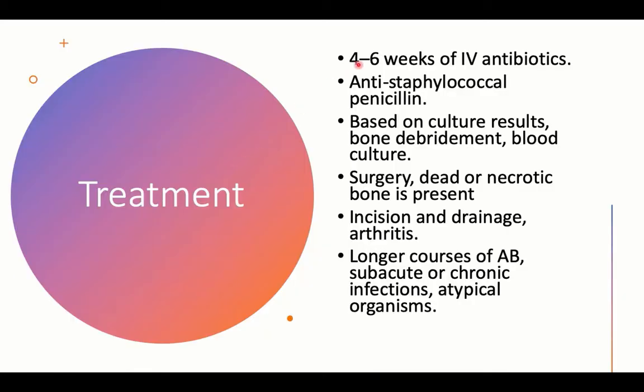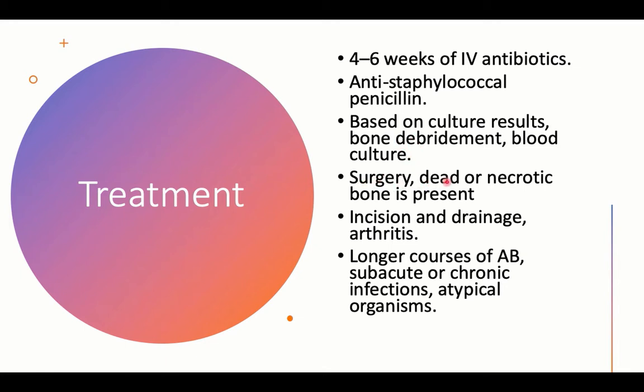As a treatment, 4 to 6 weeks of IV, a prolonged course of IV antibiotics, which are usually selected to be anti-staph, penicillin as first line options. Based on culture results, we can follow culture results to choose the most appropriate antibiotic, also following results of bone debridement and blood cultures.